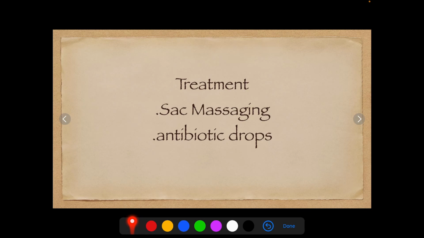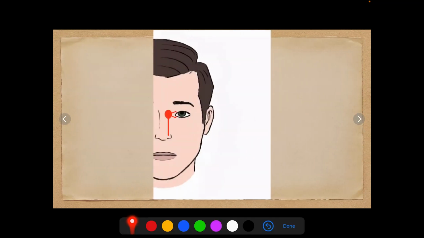There is a proper technique for sac massaging, which I am going to show you. First, you have to clean your index finger and then press here at the junction of the two canaliculus. By applying pressure on this spot, then go downwards.